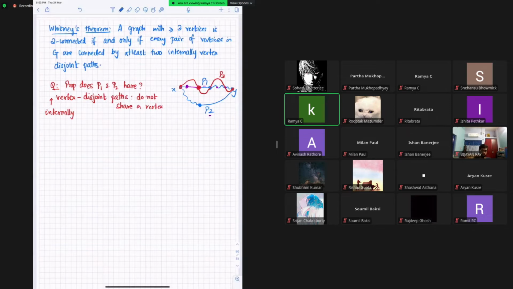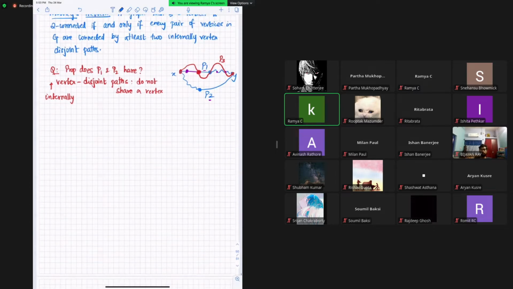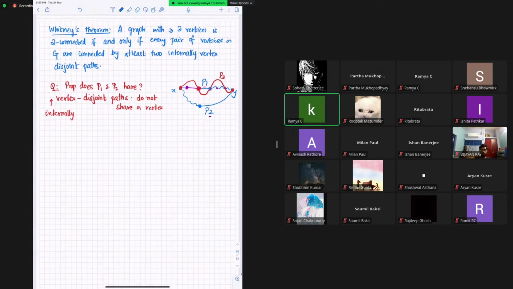And if this is true for every pair of vertices, then you have to remove at least two vertices. Okay? This is the intuitive idea. Now we have to sit and prove this.